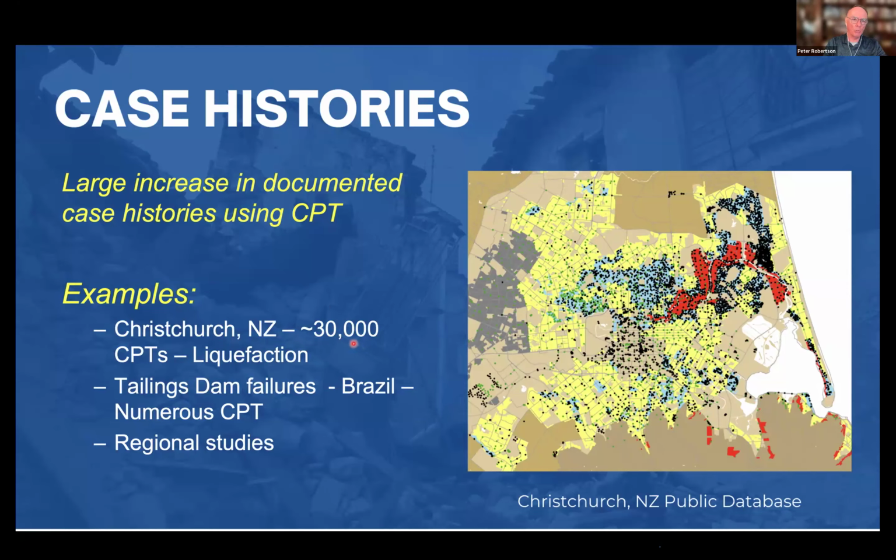So there's a huge database being collected. And of course, tailings dams are collecting thousands of CPTs around the world, as well as regional studies for cities looking at regional liquefaction issues. So there's huge amounts of case history data being collected now, and large volumes, like 30,000 from Christchurch alone. So we're dealing with big data and big data interpretation.